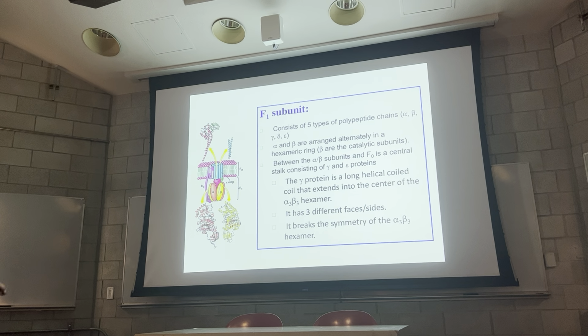And then the hydrophilic one is facing the last active site. So all three alpha subunits with their active sites will interact with this gamma stalk. However, the nature of those interactions will have different effects, as we will see shortly, on the active site.